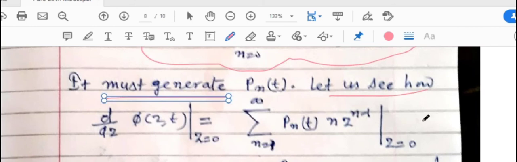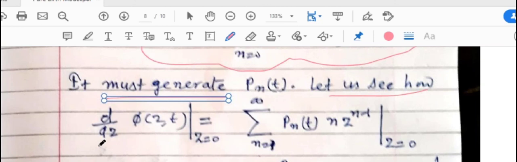So what we are going to do: z is a variable here, so we start by assuming z is equal to 0. That is one condition. The second condition is that we are going to check the variation, in the sense that we are going to take the derivative, meaning the change of this function with respect to change in the independent variable, that is z.